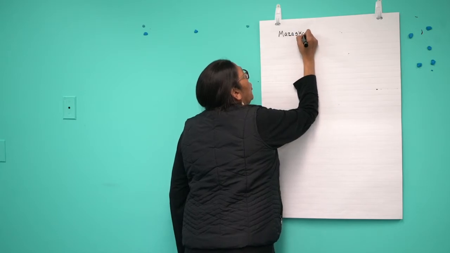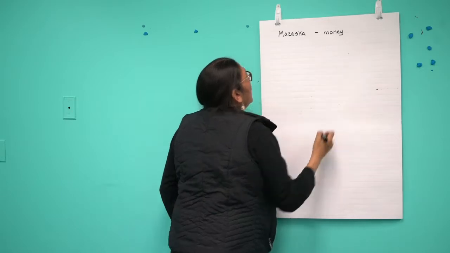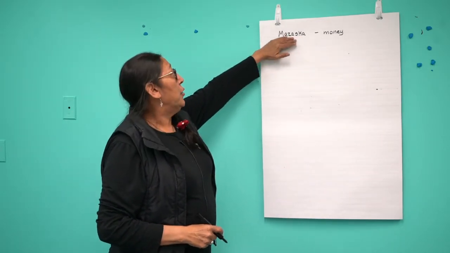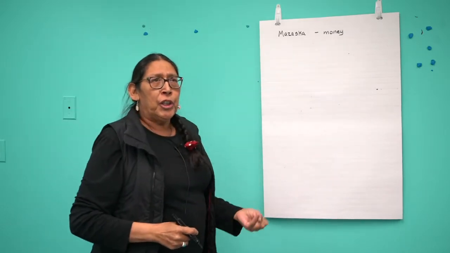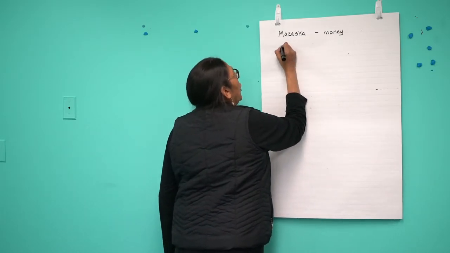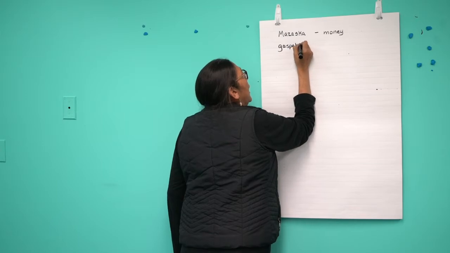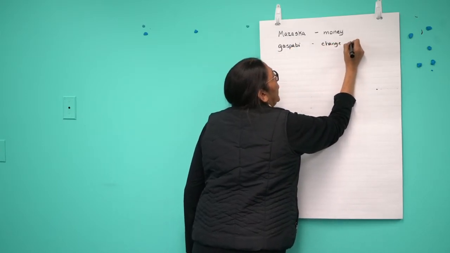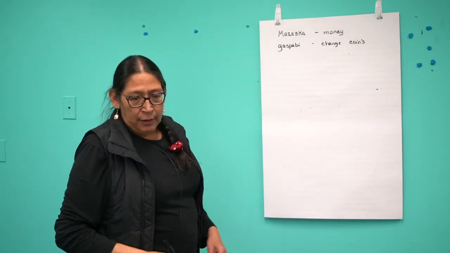I do not know why the mazaska, when this is ironed white, translates to, but that money. And yet, when you're talking about your dimes, your quarters, and your nickels, your change, that is referred to as gashbabi. And that is your change, your loose change, your coins. Gashbabi.